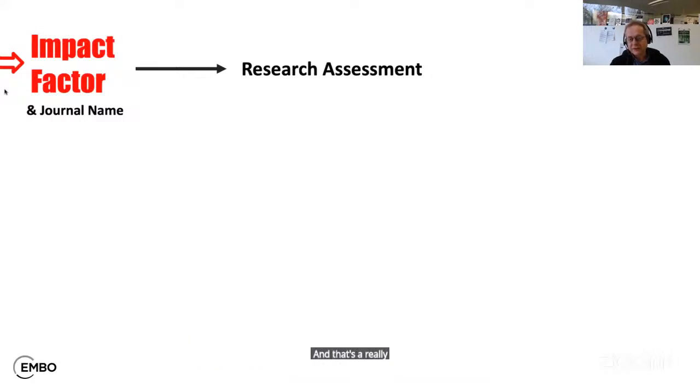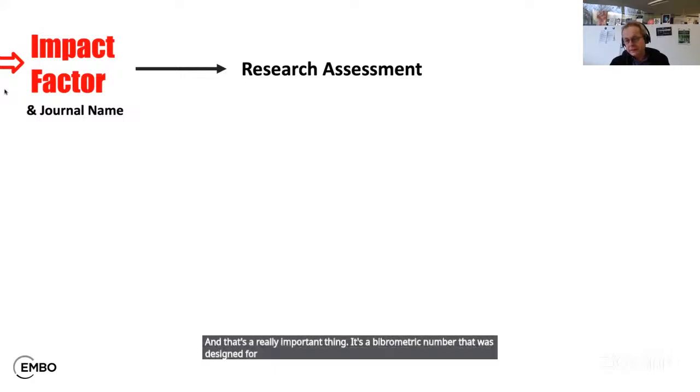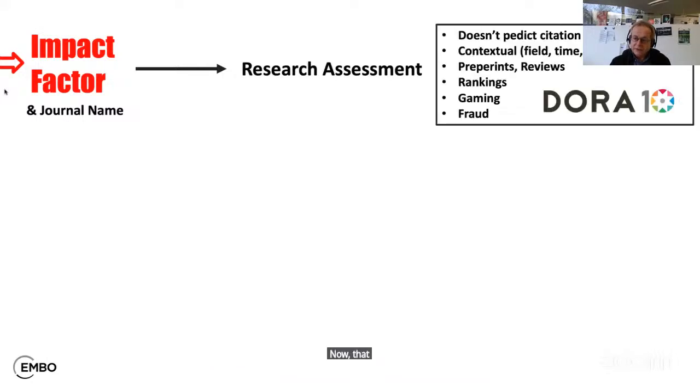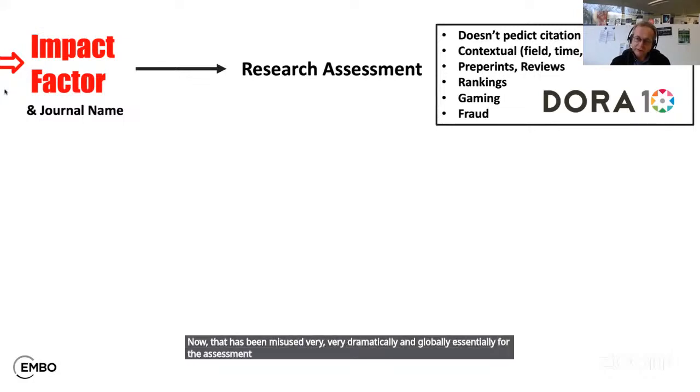It's a bibliometric number that was designed for librarians in the 1960s, to basically help librarians see which journals they want to pay for and subscribe to. Now that's been misused very dramatically and globally, essentially, for the assessment of individual research papers and as a proxy for the performance of individual authors or scientists.